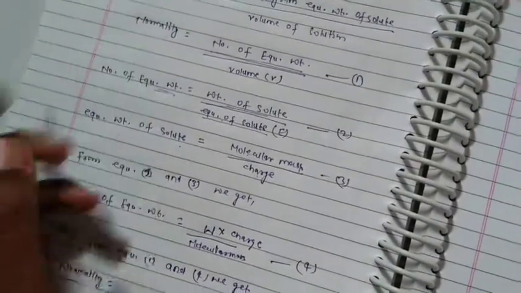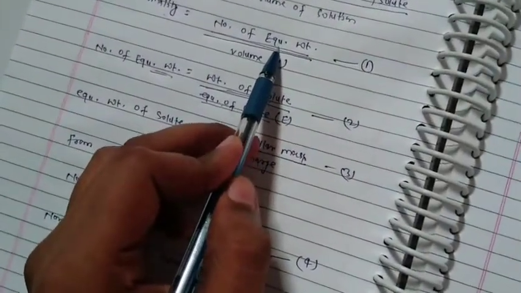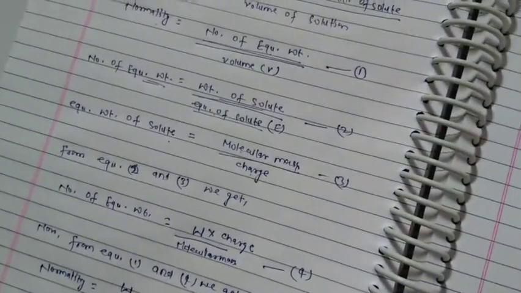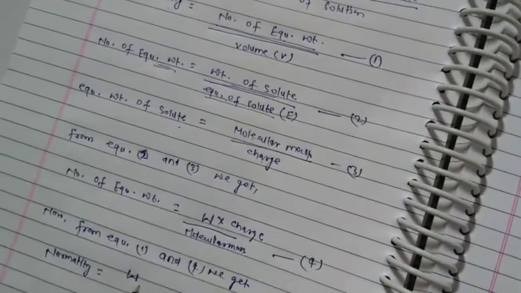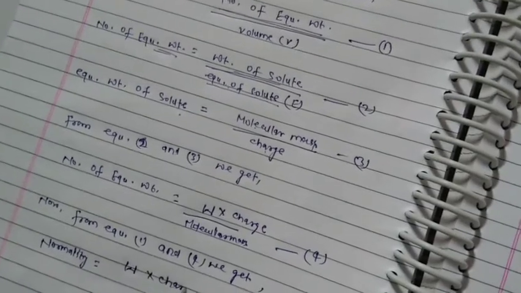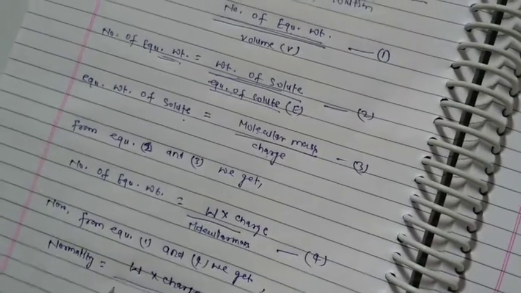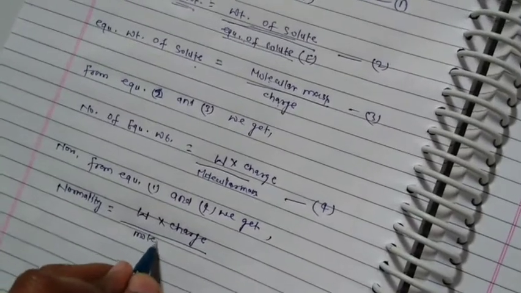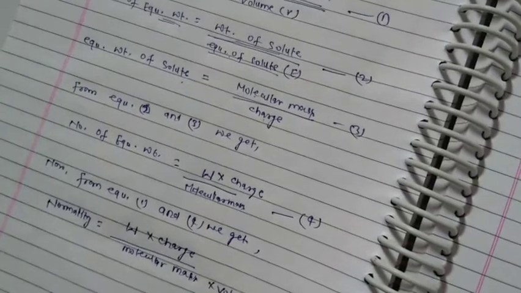This is normality is equal to number of equivalent weight, that can be written capital W, into charge divided by molecular mass, into volume.